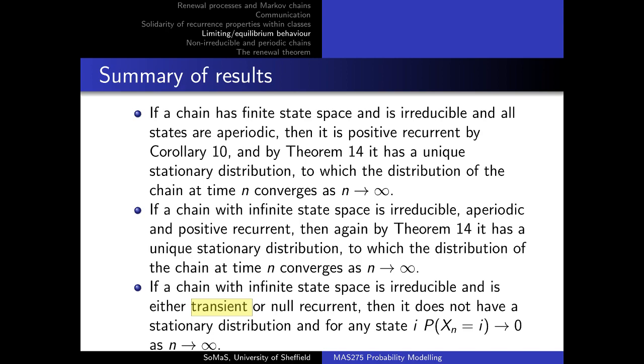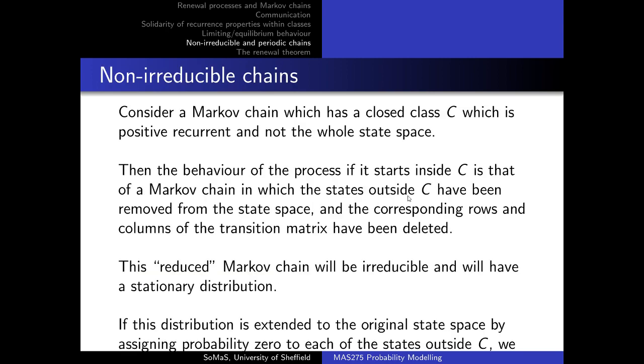This is everything about an irreducible chain. But what happens if you're not irreducible? So I want to talk about two cases. It's more of a guideline, so there are no theorems here, but it's good to understand what's going on.